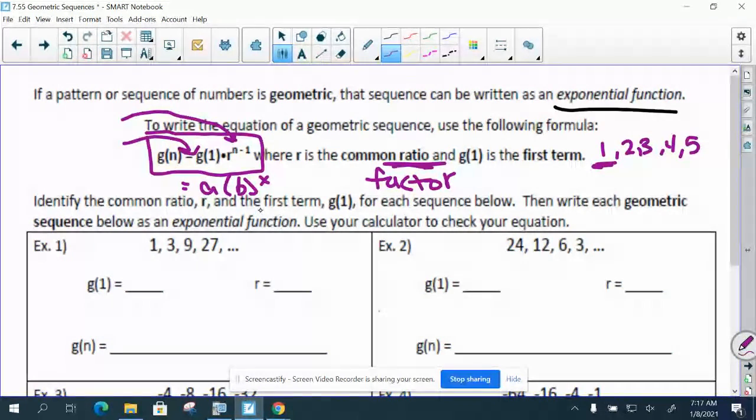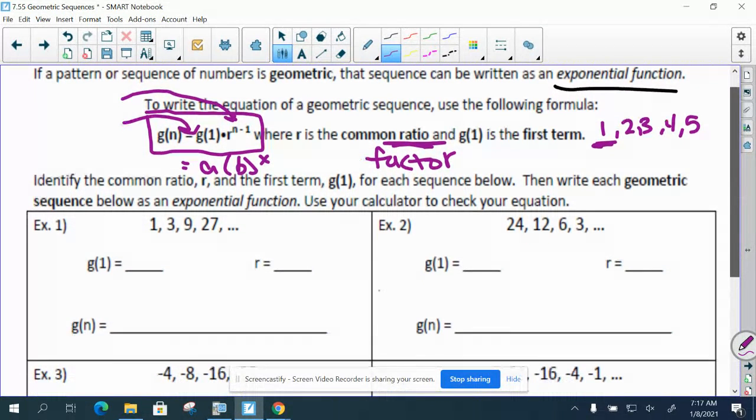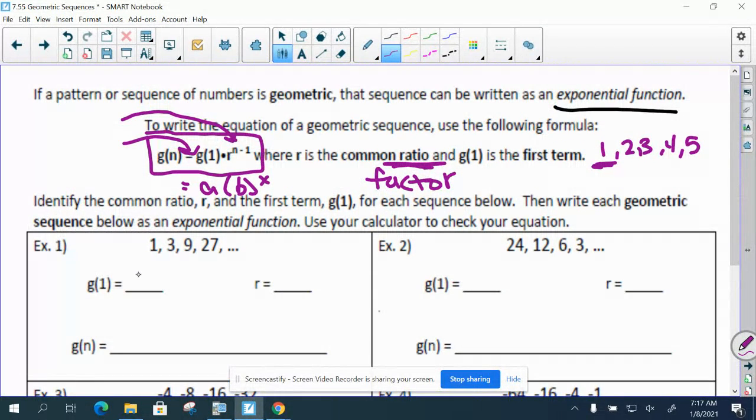Identify the common ratio and the first term for each sequence, then write the geometric sequence. If g of 1 here is 1 and the common ratio is 3, we're multiplying by 3, so g of n would be 1 times 3 to the n minus 1. And that's it.